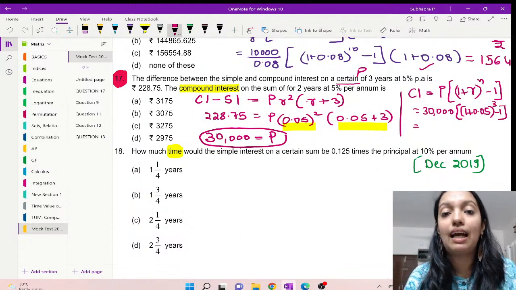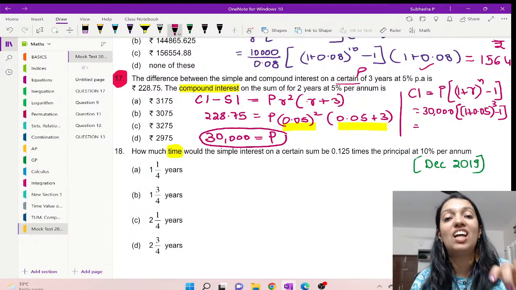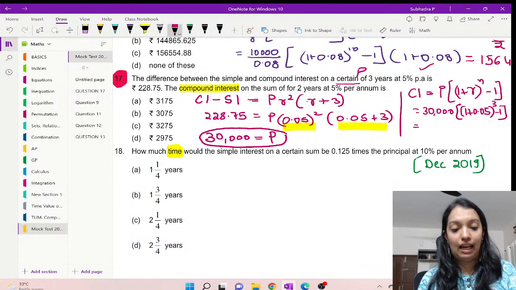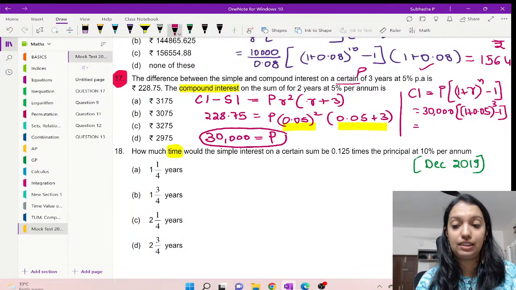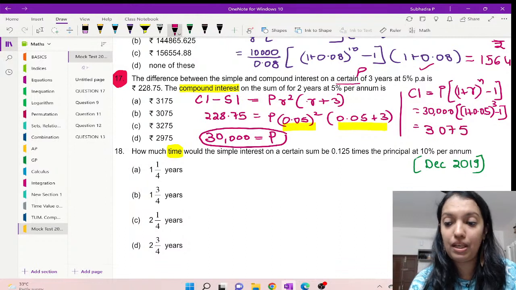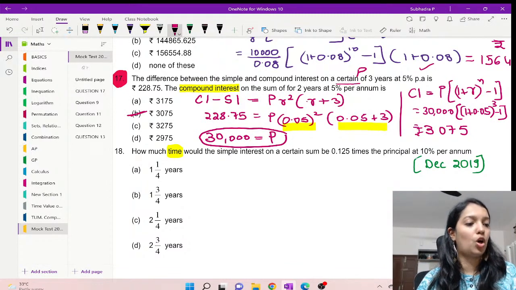You can do this in the calculator. 1.05 into cube means equal to press it 2 times, you will get cubing, minus 1 into 30,000. I am getting the answer for this question as 3075 rupees in my calculator, which is option B. Answer for this question is option B.